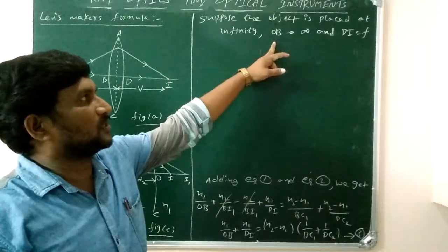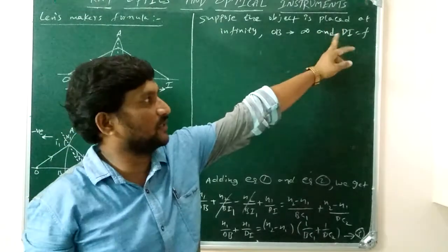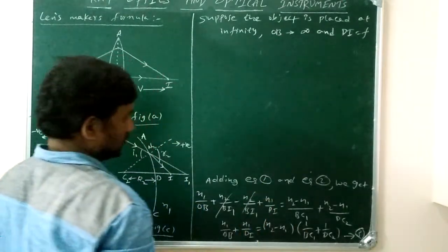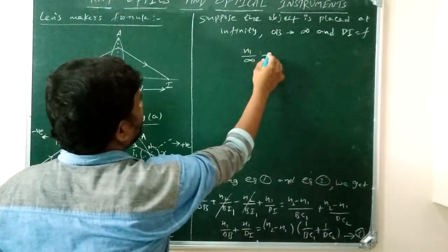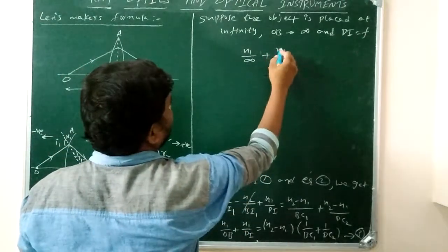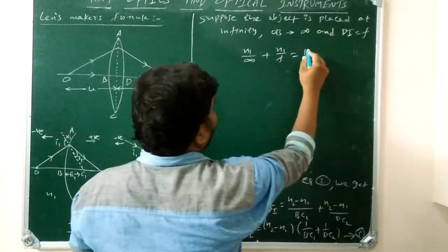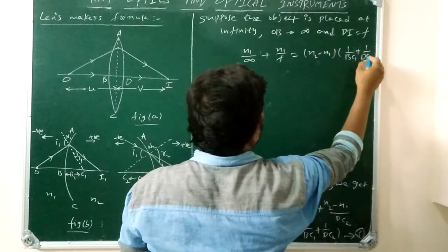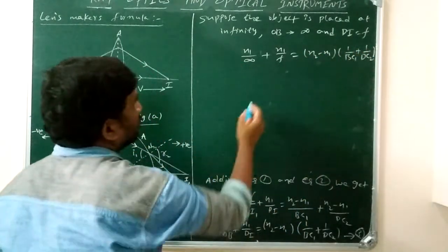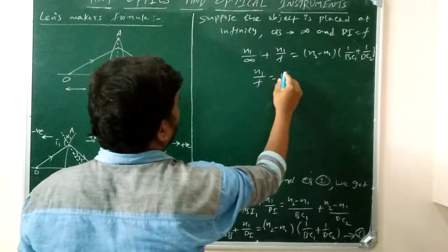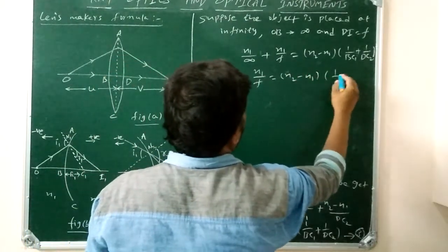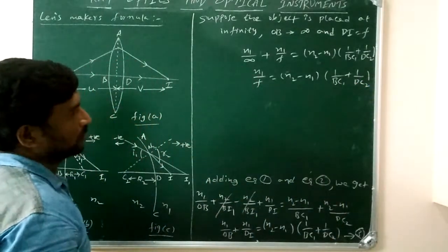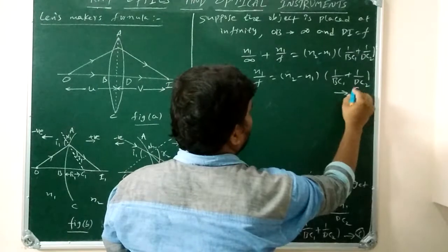When the object is placed at infinity, the image is formed at the focus. Therefore, the DI distance we can consider as the focal length. Substitute these in equation 3: n1 by infinity plus n1 by f is equal to n2 minus n1 into 1 by DC1 plus 1 by DC2. Now this can be written as n1 by f equal to n2 minus n1 into 1 by DC1 plus 1 by DC2. Let us consider this equation 4.